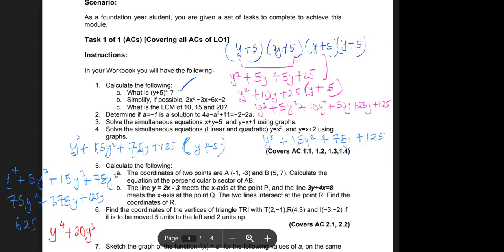Then this one too, squared, that gives you plus 150y squared. Then add this, 125 plus 375, that gives you 500y plus 625. Can you see? That's it. But it's a long way. Can you see the way the whole screen is full?